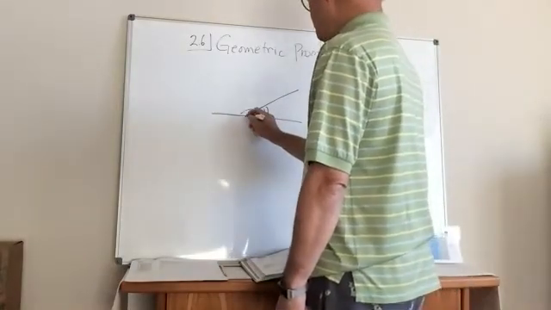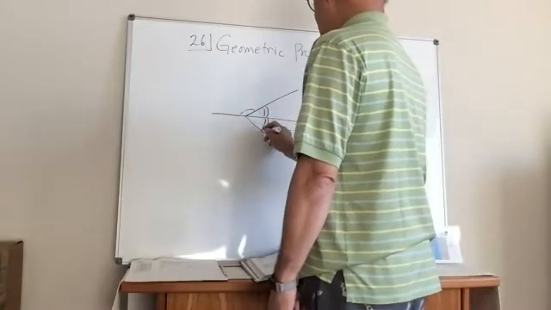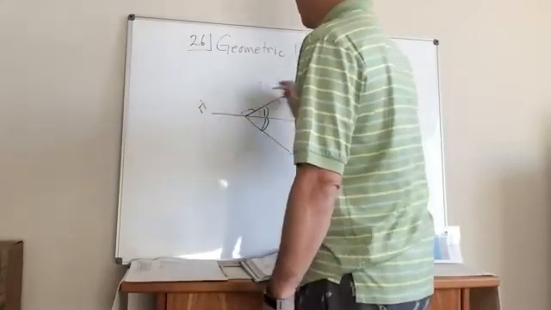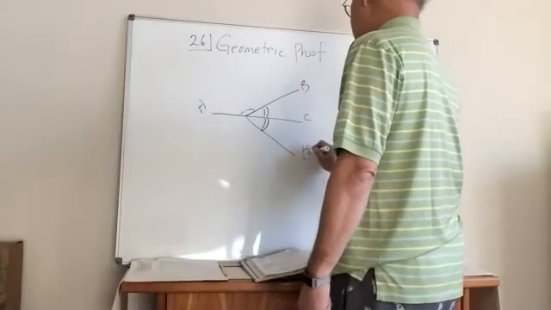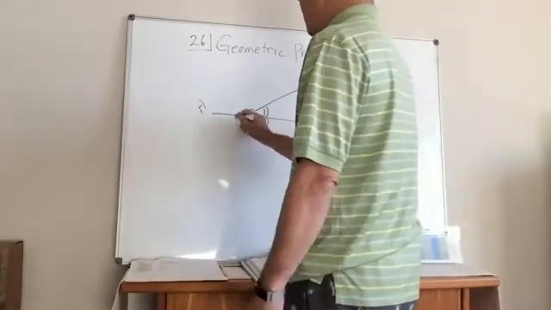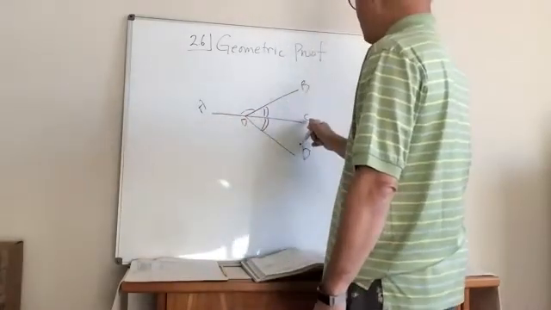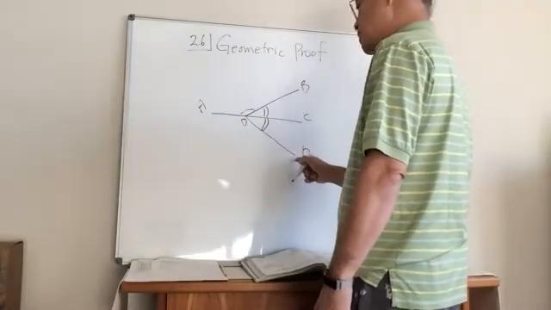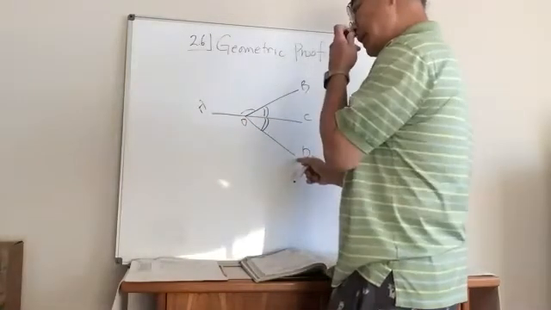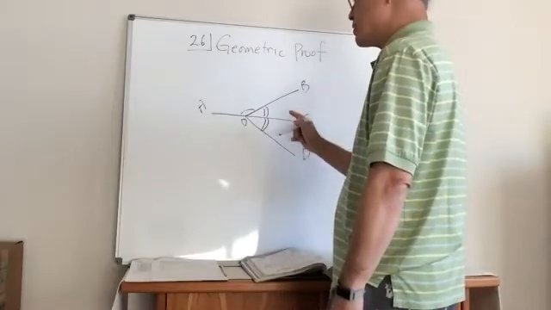If I go in like this and had an angle like this, A, B, C, D, angle AOB and angle COD are not a linear pair, because they do not share a side.